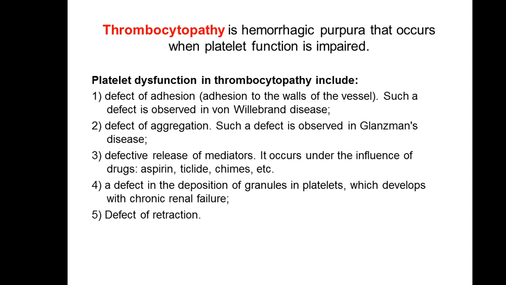Defective release of mediators occurs under the influence of drugs, for example aspirin and so on. Also may present in defects in the deposition of granules in platelets which develop with chronic renal failure. Also may occur due to defect of retraction.